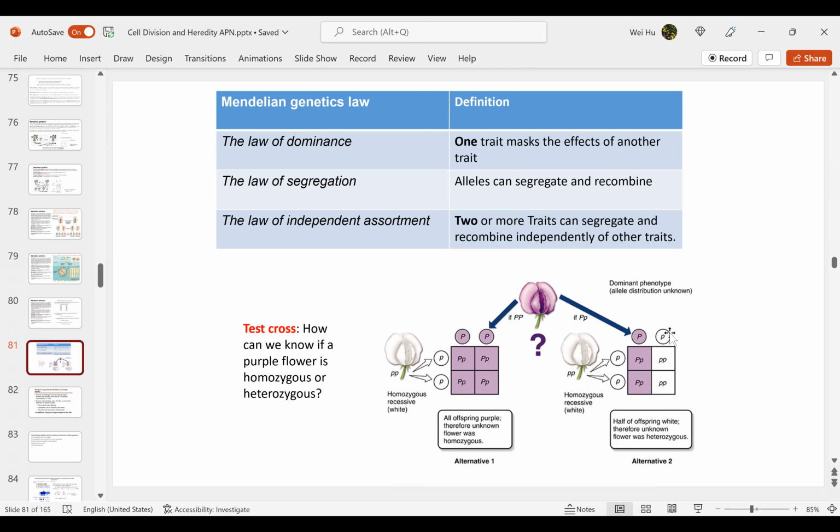If this purple flower is heterozygous, then you get half purple and half white. Okay. So this is the test cross. So what's the purpose? They want to find out if the purple flower is homozygous or heterozygous.